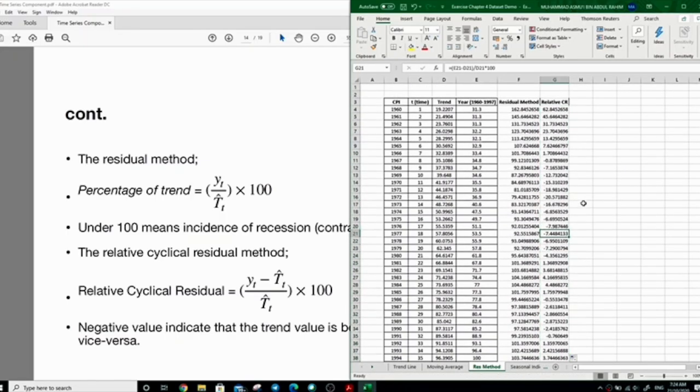For this relative cyclical residual, we look at whether our relative cyclical residual has a positive or negative value. So if it is positive, we say it is an expansion period. If negative, a contraction period, and so on.